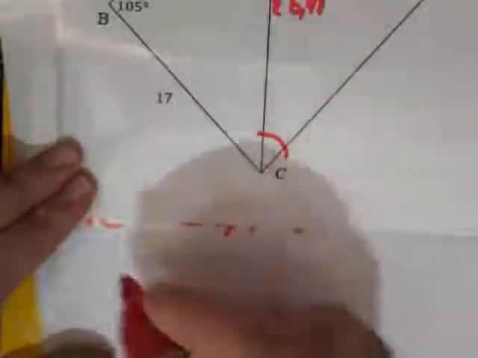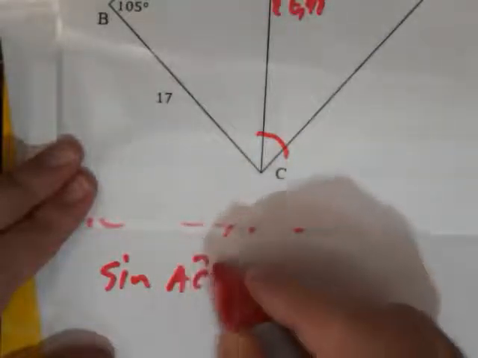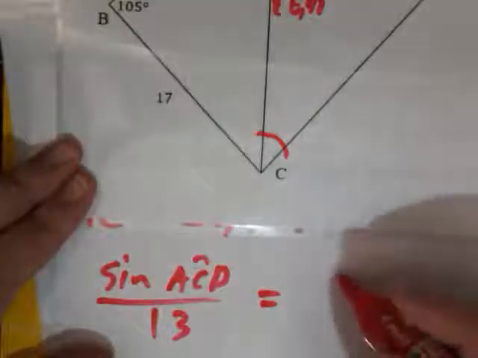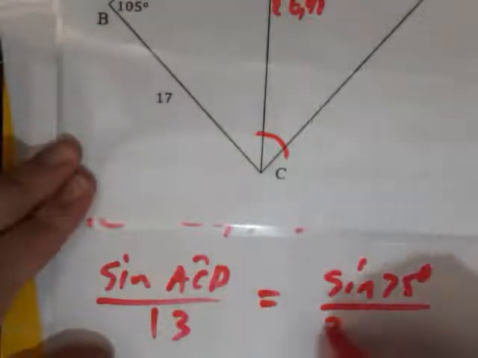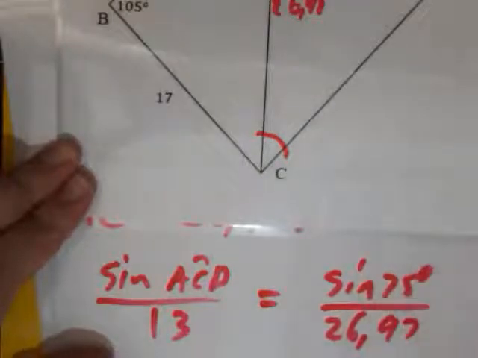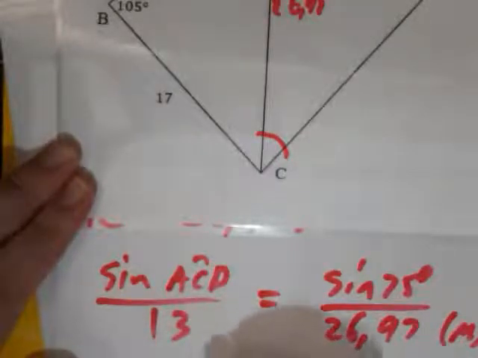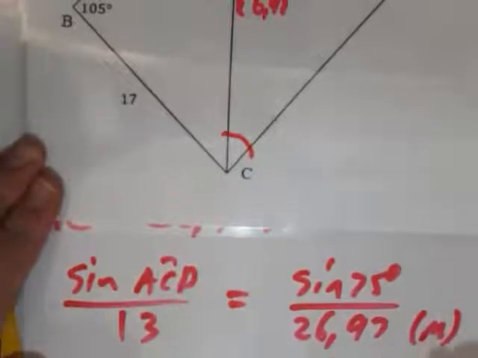So we're looking for an angle, so I'll say sine of ACD over 13 is equal to sine of 75 degrees over 26.97. That's my M. So I can say sine ACD is equal to 13 sine 75 degrees over 26.97.